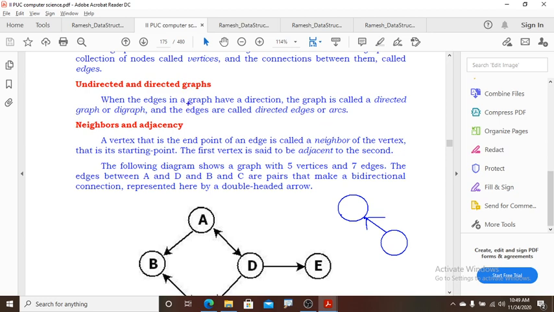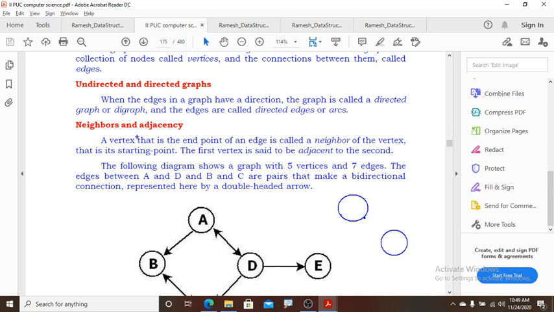When the edges in a graph have a direction, it is a directed graph, and if it does not contain any direction, it is an undirected graph. So what do you mean by directed and undirected graph? Understood, all of you?